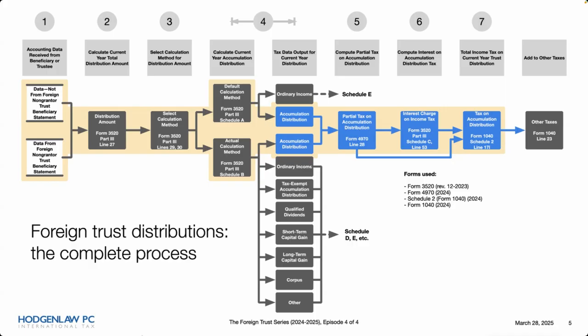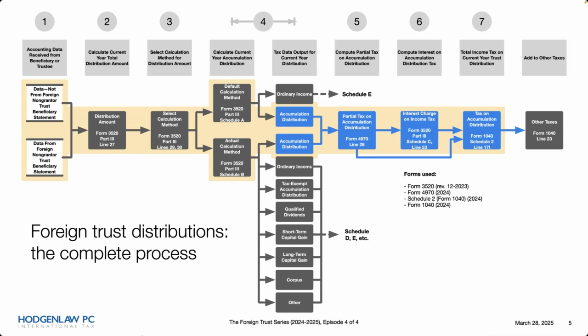The stuff in the yellow is the accumulation distribution portion and how it bounces from one form to the next and one task to the next. The stuff outside is the current year distribution amounts, which are going to drop onto Schedule E or wherever they're going to go. So the capital distribution, where does that go? In your pocket.